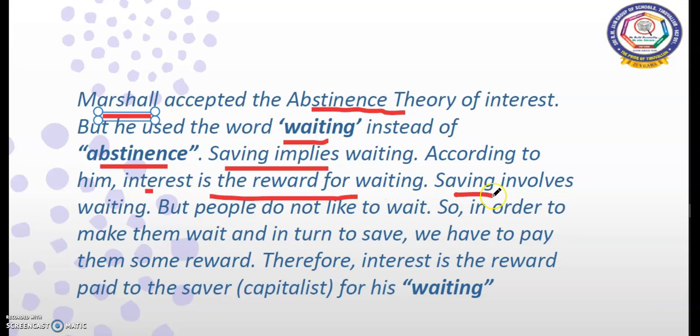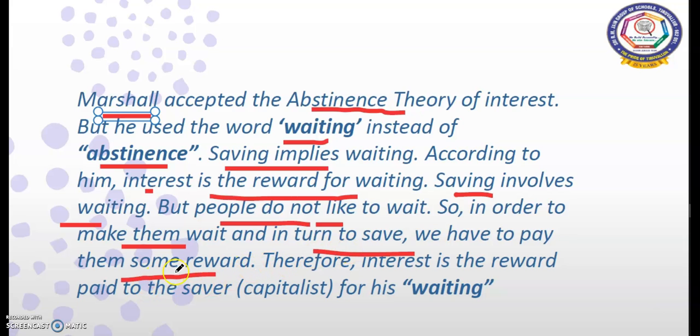So saving involves waiting, but people do not like to wait. In order to make them wait and save, we have to pay them some reward. If you are not going to get any benefits, nobody will be tempted to save, isn't it? To encourage a person's savings, the person has to get some reward, so that he will be interested to save.